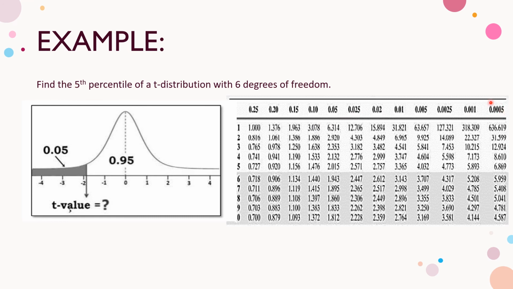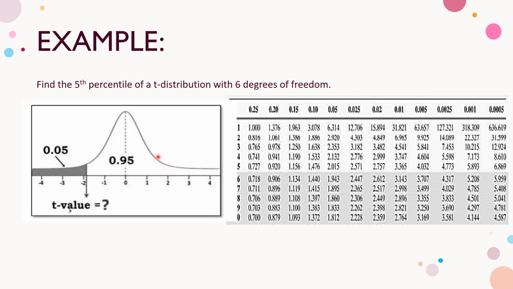But since a t-distribution curve is symmetrical, the area to the left of this value is equal to the area to the right of its positive counterpart.